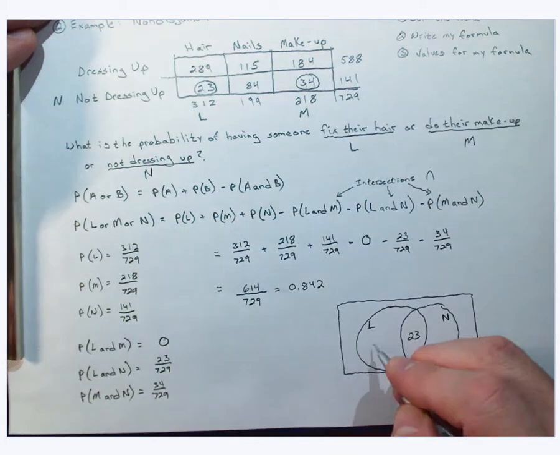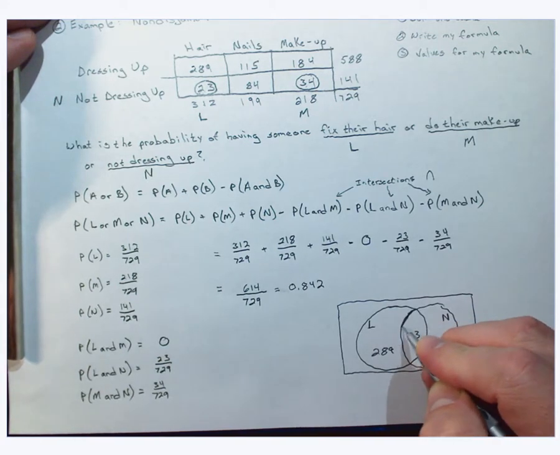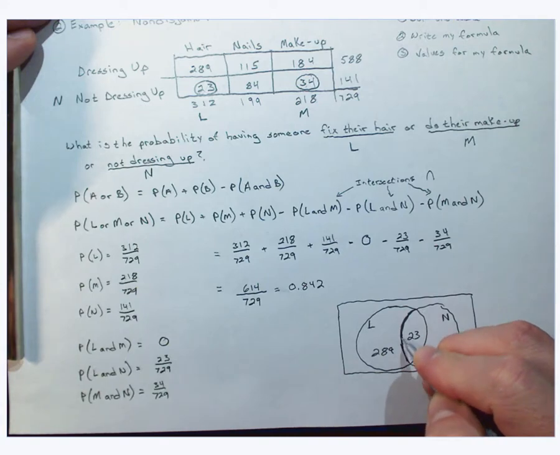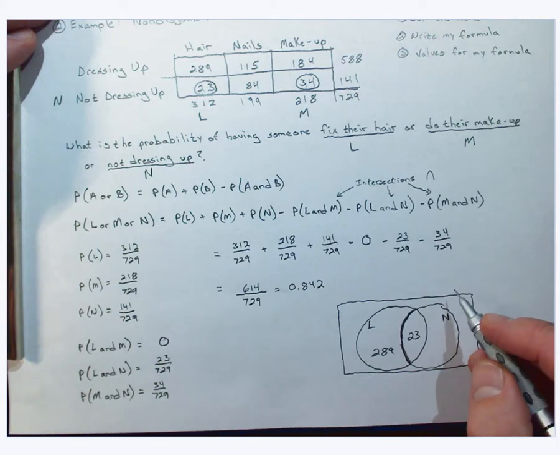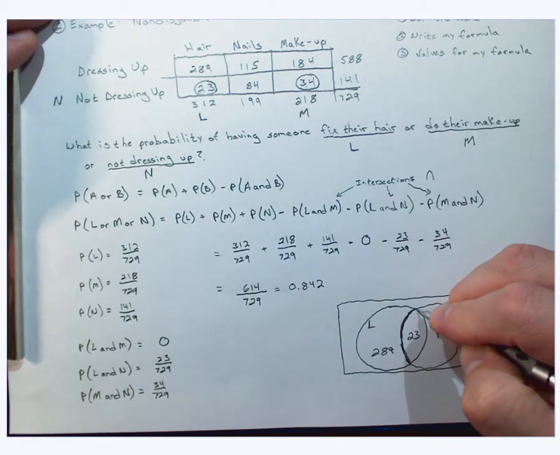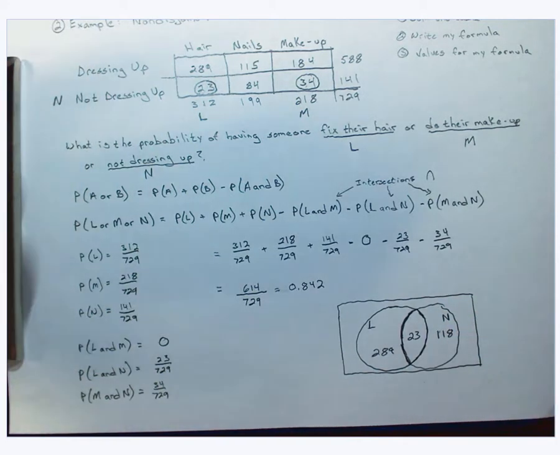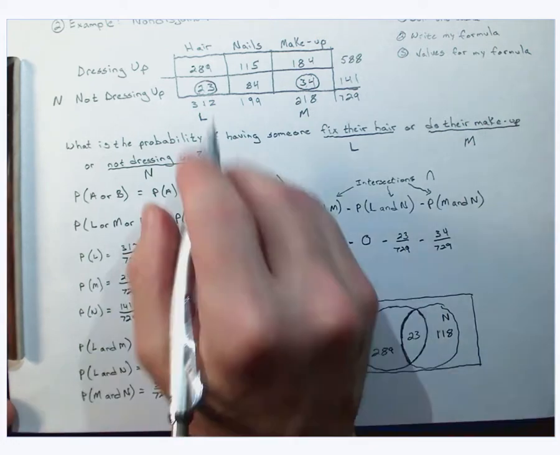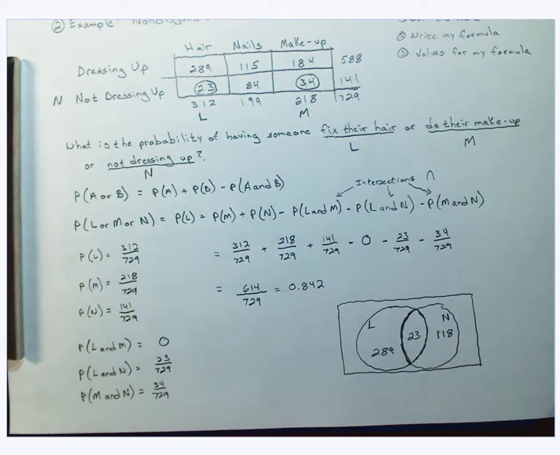L then has 289, that's just by itself, because this is the border of it. And N has, what's it, 118? 118, that's just it, because here's the border. That is what overlaps that 23. And I can draw a Venn diagram for M and N also.